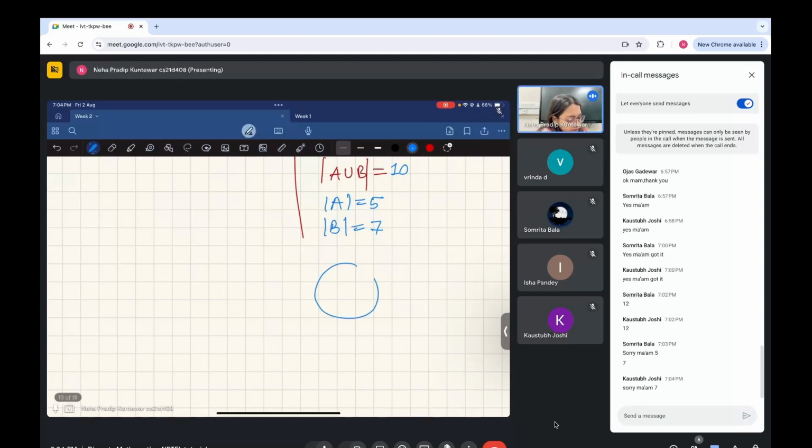Let's say I have a set A which consists of apple and banana, and then I have another set B which consists of three fruits: banana, pineapple, and mango. What is the cardinality of set A here? It is 2 because it has two elements, apple and banana.